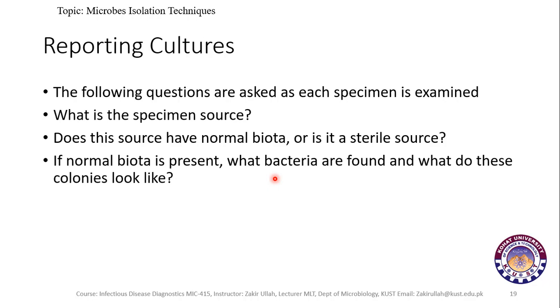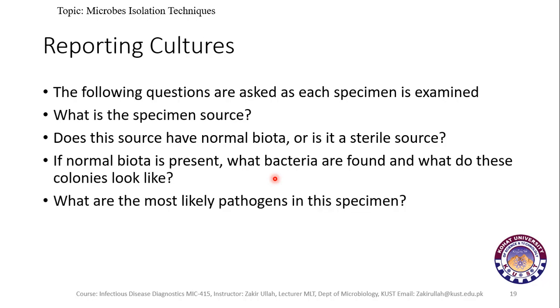The third question: if normal microbiota is present, then what bacteria are found and what do these colonies look like? If there is growth on the culture media, what does the normal microbiota look like on these culture plates, and how do the pathogens or infectious agents' growth characteristics differ from the normal organisms and the normal growth?